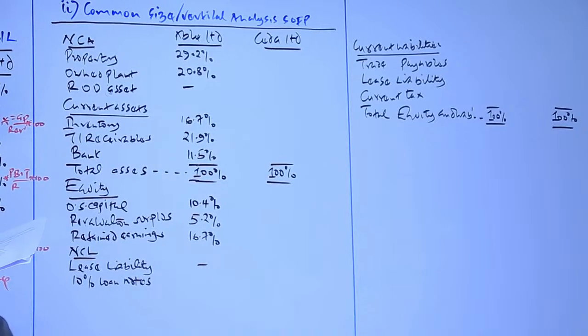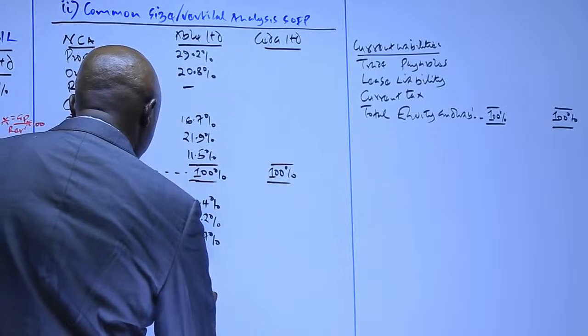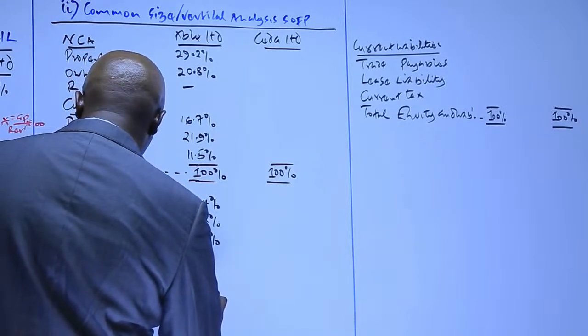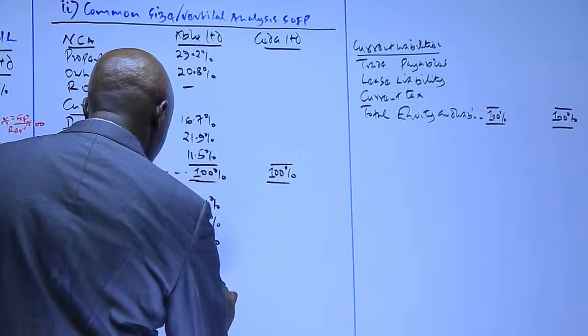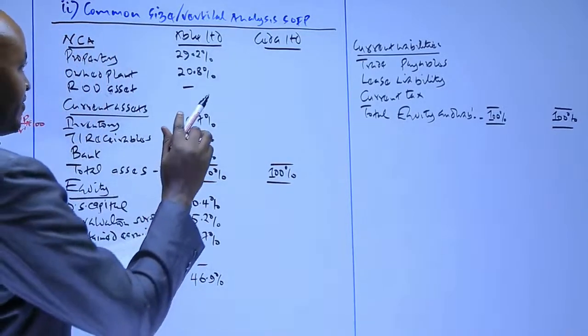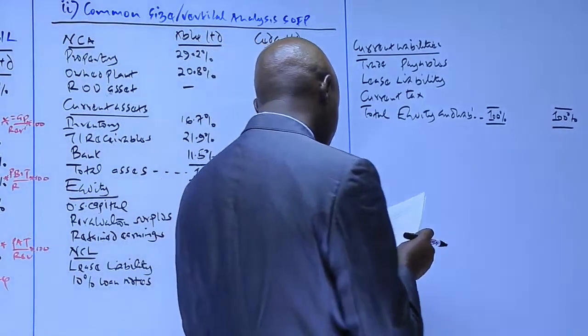The company only had the 10% loan notes, which is 15,750 divided by 33,600, which will give us 46.9%. Then from there we have current liabilities.